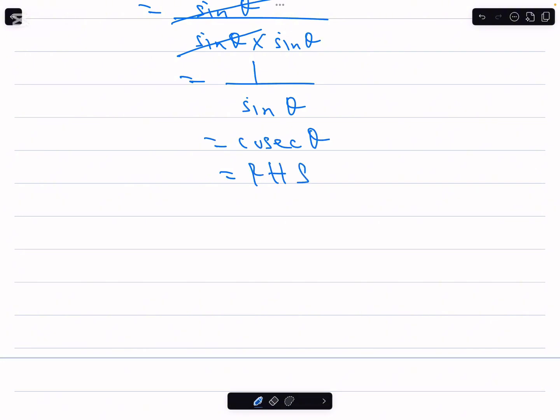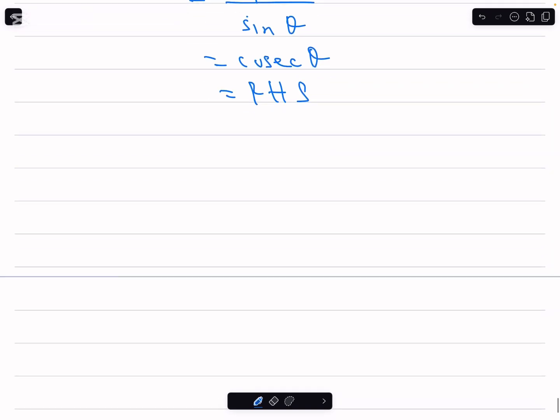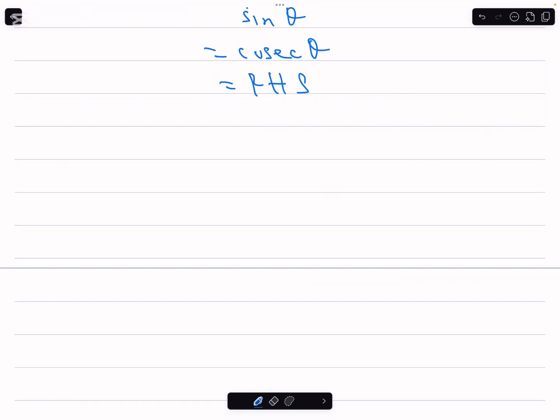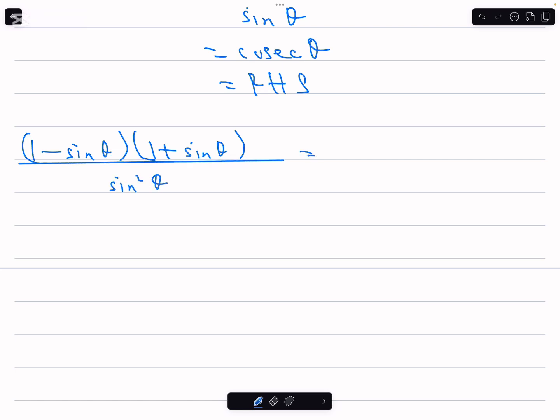Now, let's take another one. The next one, show that 1 minus sine theta times 1 plus sine theta divided by sine squared theta is equal to cot squared theta.